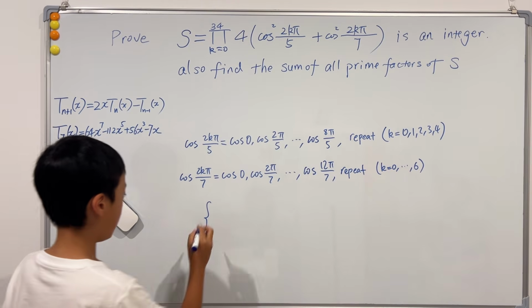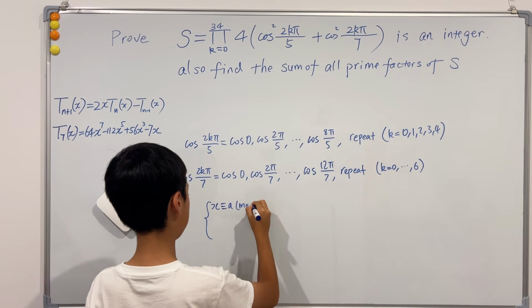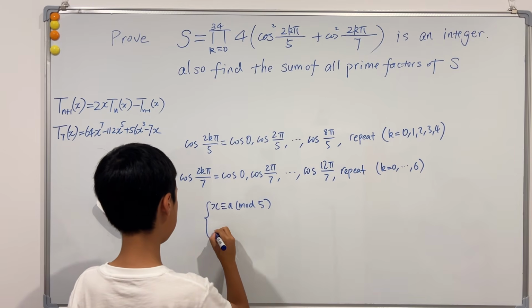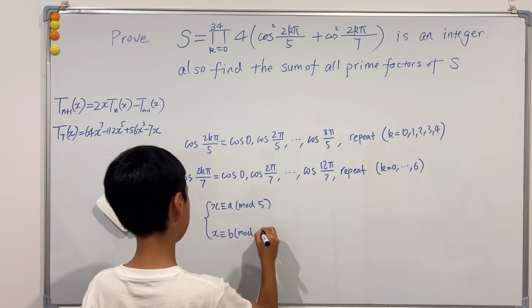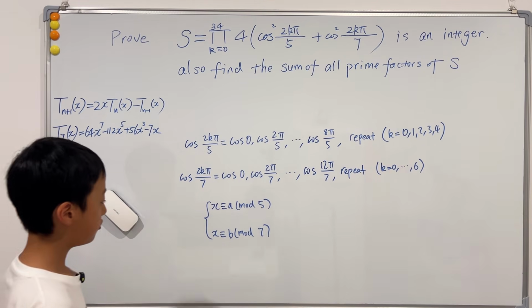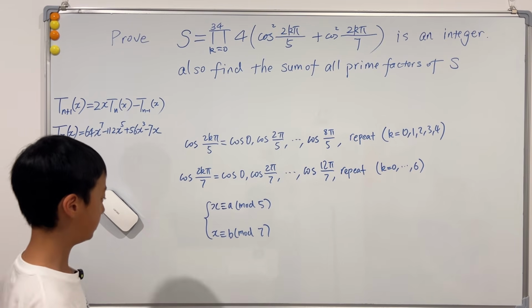The first one will be x is congruent to a mod 5, and the second one will be x is congruent to b mod 7.